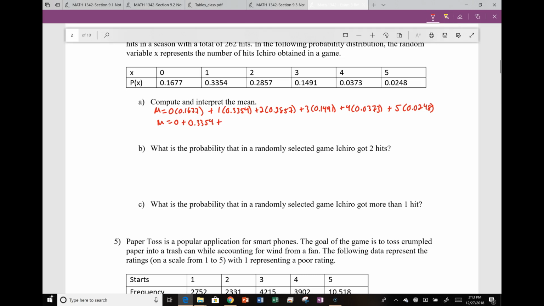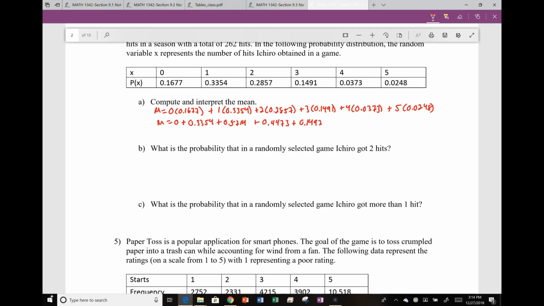Plus 2 times 0.2857 is going to be 0.5714. 3 times 0.1491 is going to be 0.4473. 4 times 0.0373 is going to be 0.1492.